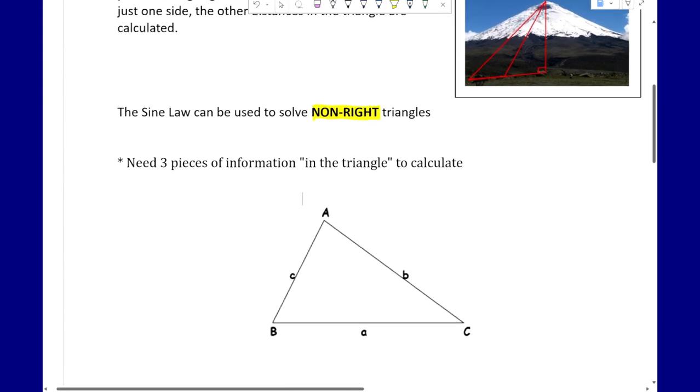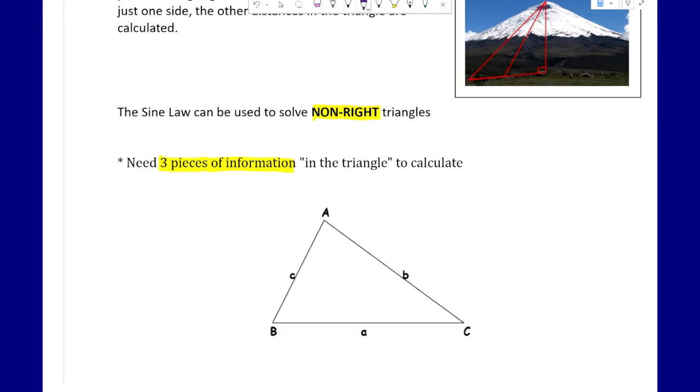Now, we do need three pieces of information in the triangle to calculate using the sine law. And what we look for is what we call a full pair and a half pair.